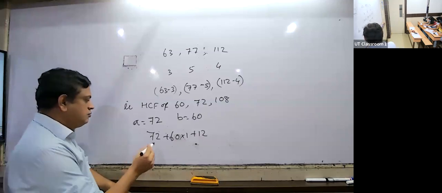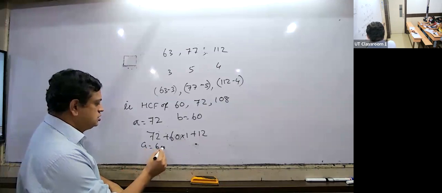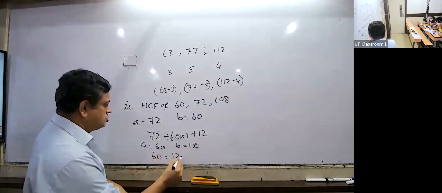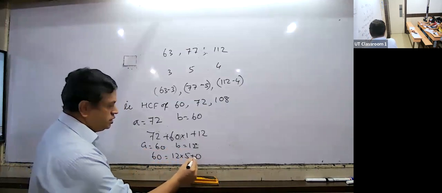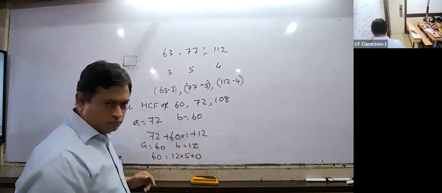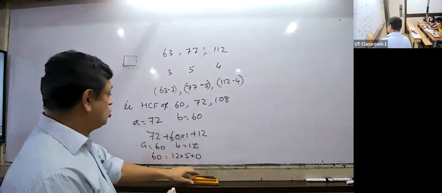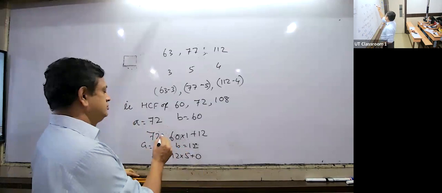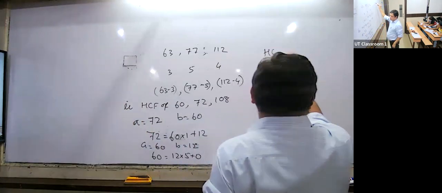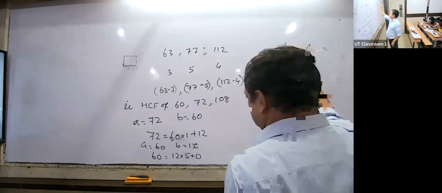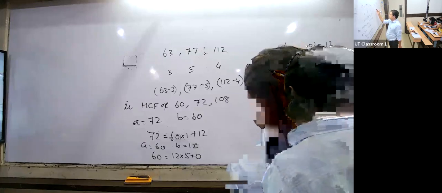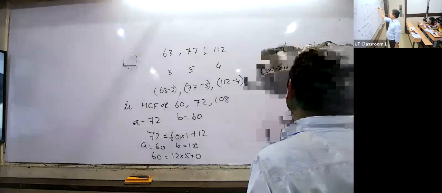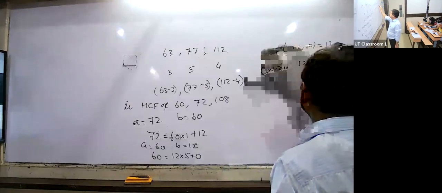Then what will you get? A is equal to 60 and B is equal to 12. Therefore, 60 is equal to 12 into 5 plus 0. Therefore, the HCF of 72 and 60 is equal to 12. Now consider 12 and 108.